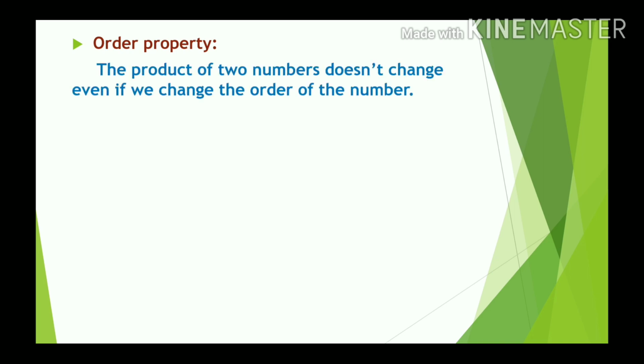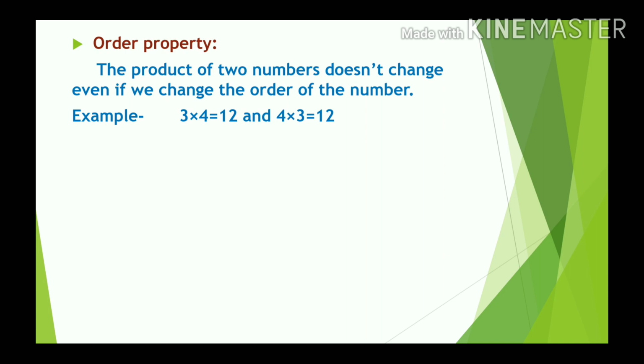Now let's see what is order property. The product of two numbers doesn't change even if we change the order of the numbers. For example, here 3 multiplied by 4 is equal to 12, and 4 multiplied by 3 is also equal to 12. In the first one 3 is written first and 4 in the second position.